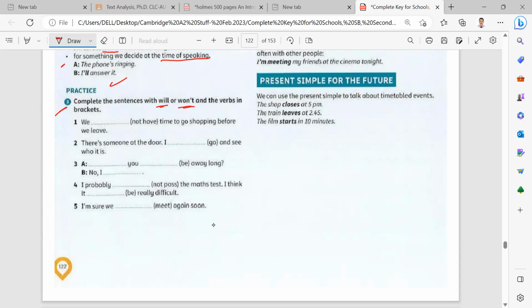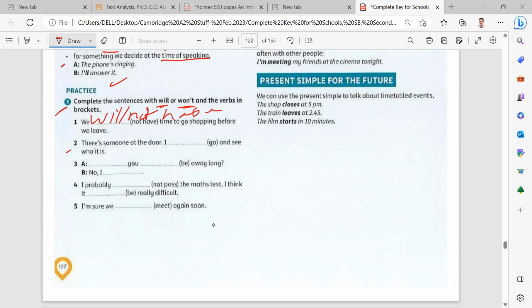We will not have time to go shopping before we leave. Will not. Okay. Will not or won't have time to go shopping before we leave.